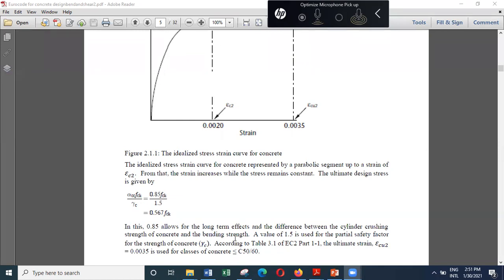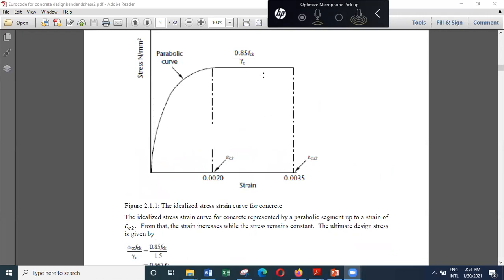So we have to always think about the behavior of concrete in flexure, to relate the behavior of concrete under pure axial load and the bending induced forces. We use this factor 0.85.